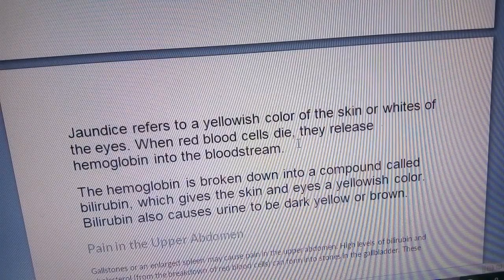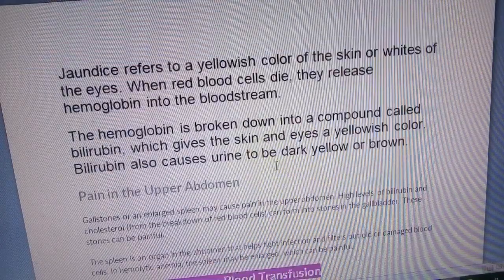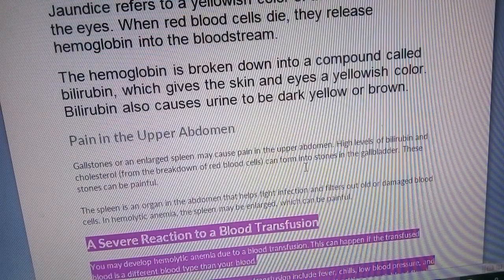When red blood cells die, they release hemoglobin into the bloodstream. The hemoglobin is broken down into a compound called bilirubin, which gives the skin and eyes a yellowish color. Bilirubin also causes urine to be dark yellow or brown.